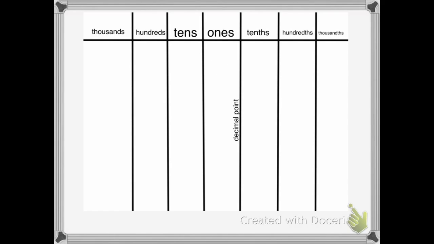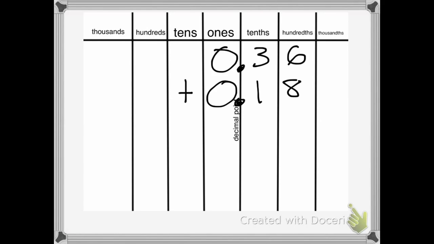If I were to add, well, let's take a look at 0 and 36/100 plus 0 and 18/100. Again, I'm keeping everything in line by my decimal points, keeping my place values in line. And then I would just add like I always would. 6 plus 8 is 14.